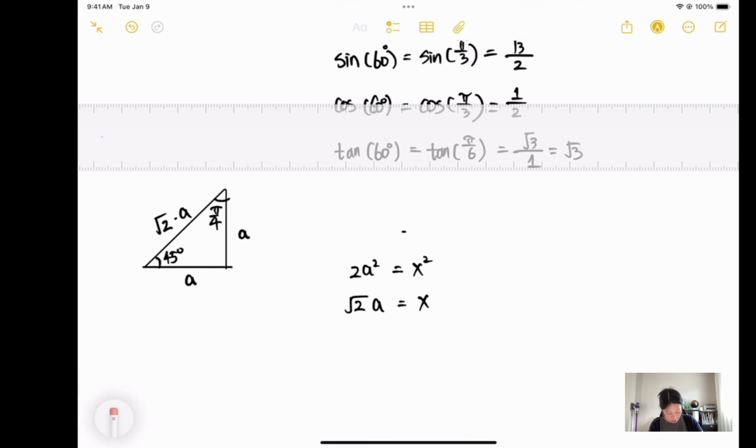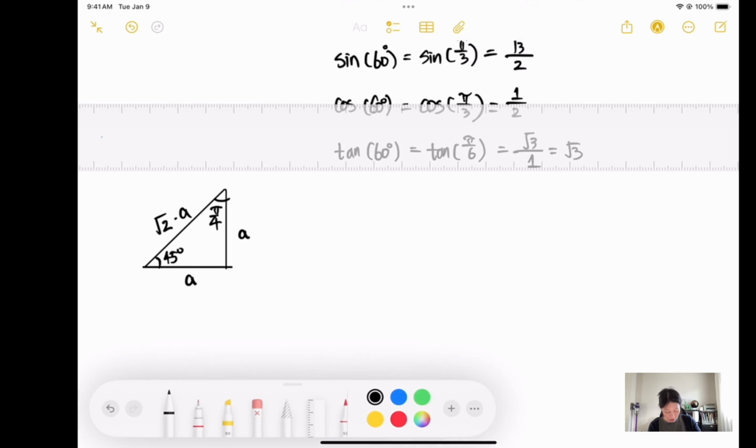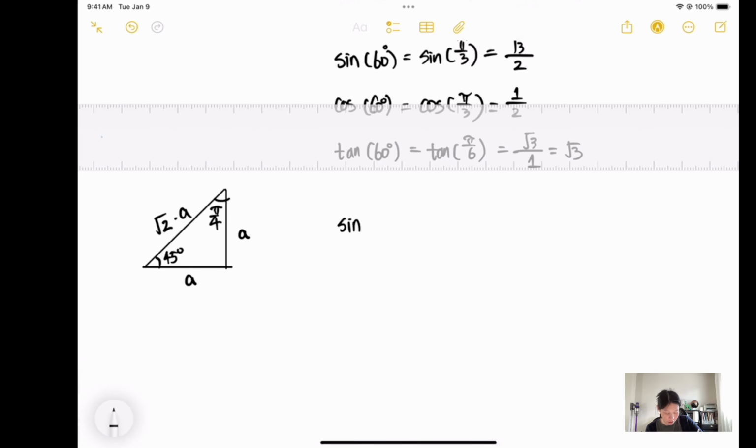Okay, next. Now let's try, sine pi over 4 is equal to what? The opposite side, which is a, over the hypotenuse, square root of 2 times a. That gets cancelled, so I have 1 over square root of 2.